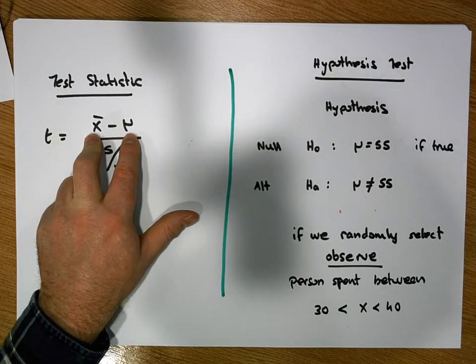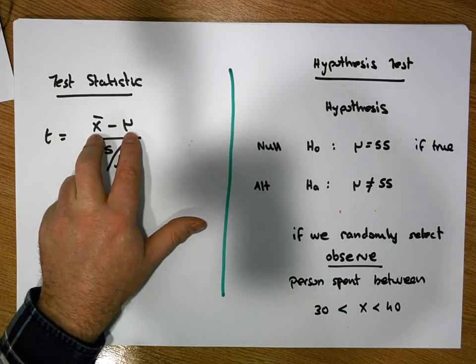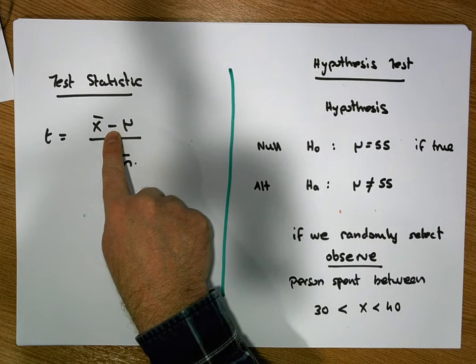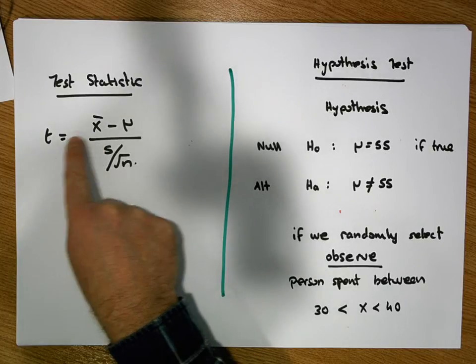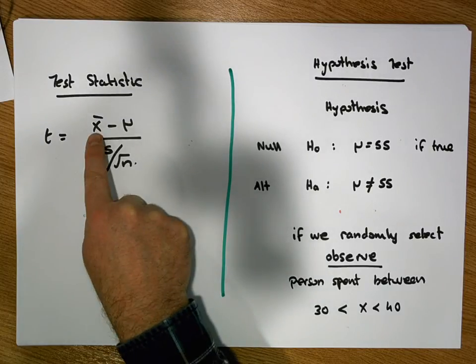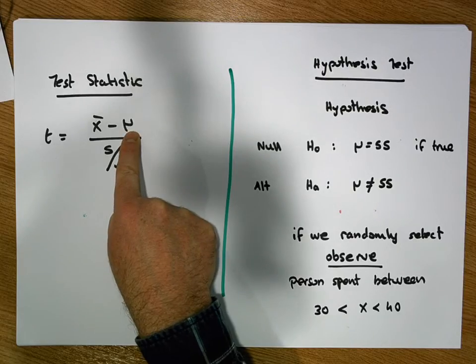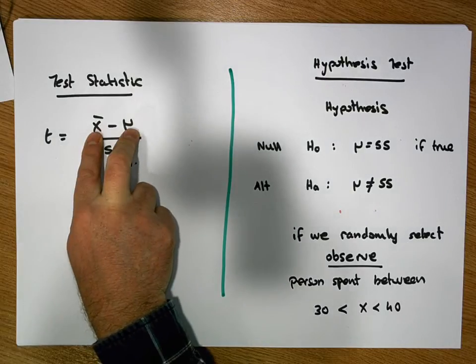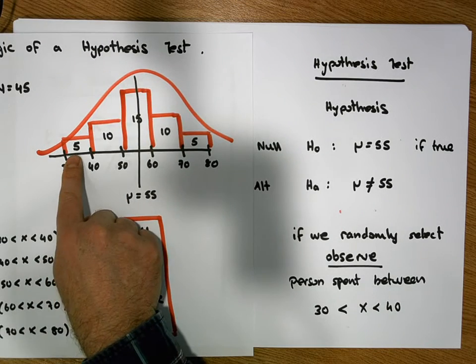The further this sample is from our hypothesized center, and don't forget, when we take two numbers away from each other we're calculating the distance between them, the numerator in the t-statistic is telling us how far our evidence is from our hypothesized center of our distribution. So the larger this value is, the more likely it is that our evidence falls into one of our tails.